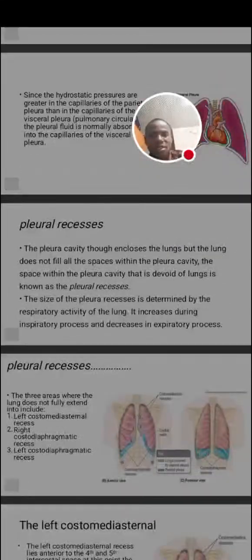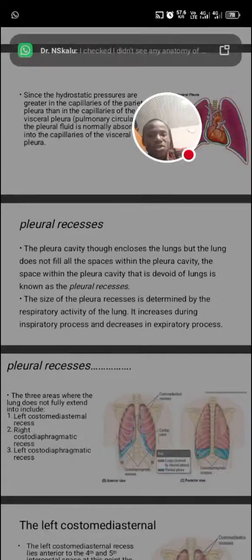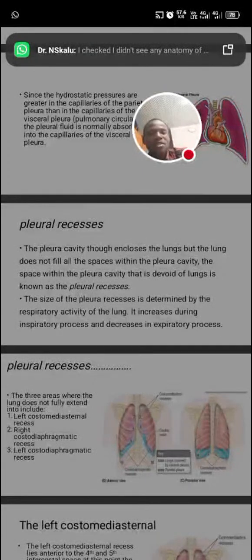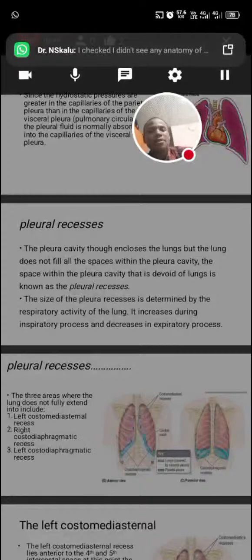Pleural recesses. The pleural cavity encloses the lung, but the lung does not fill all the spaces within the pleural cavity. The space within the pleural cavity that is devoid of lung is known as the pleural recesses.